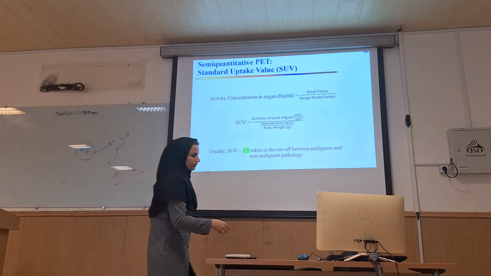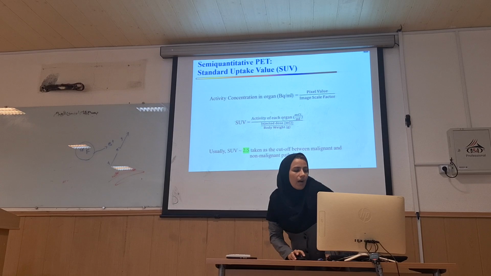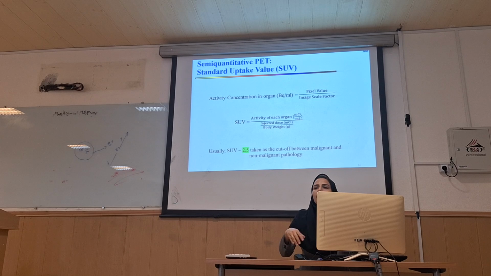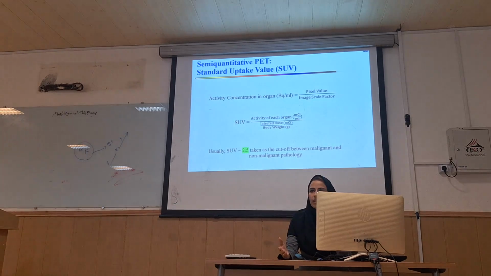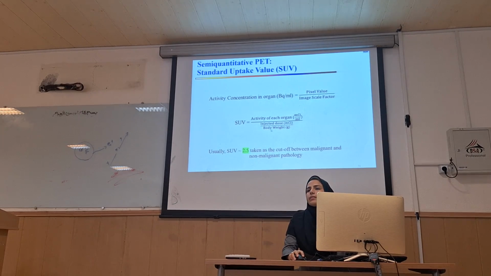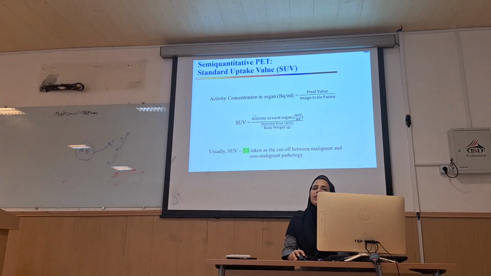And if I know the activity of each organ from the computer after PET imaging, and before that I know the injected dose and the body weight, by this formula I can calculate the SUV. The SUV is the standard uptake value.